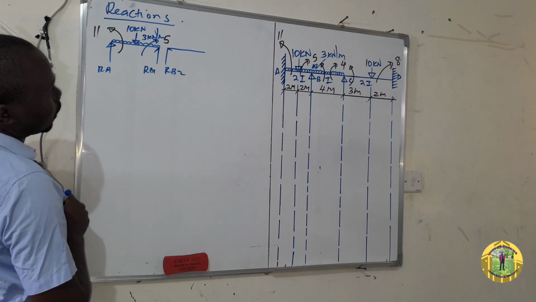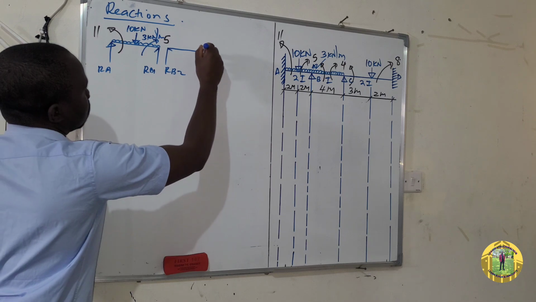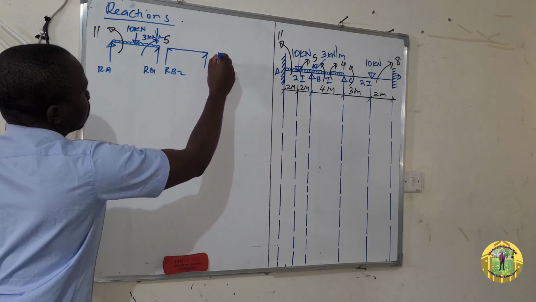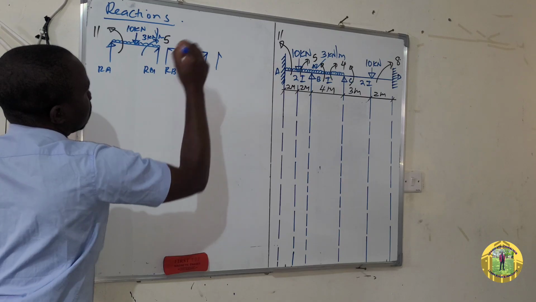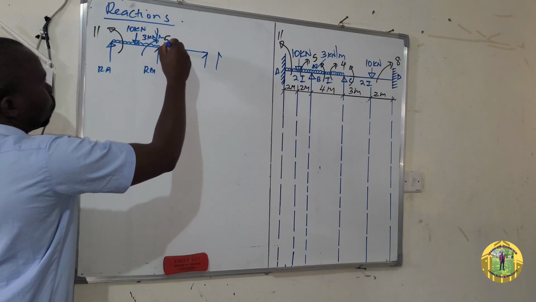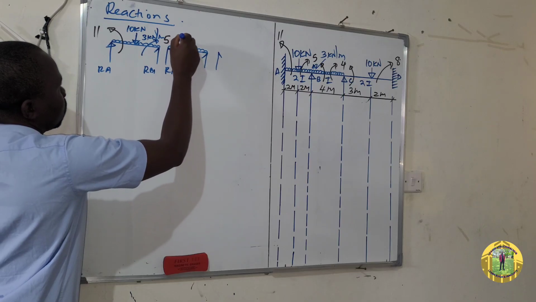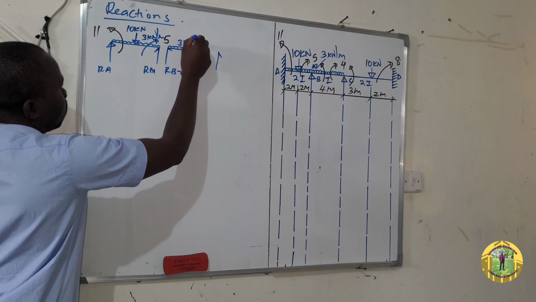Again, C is a common joint. We split it like that. This is a UDL of 3 kilonewton per meter.